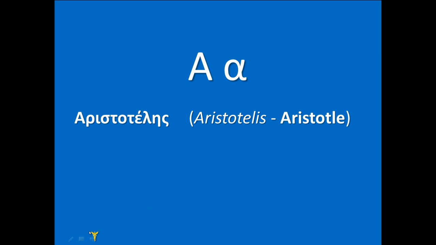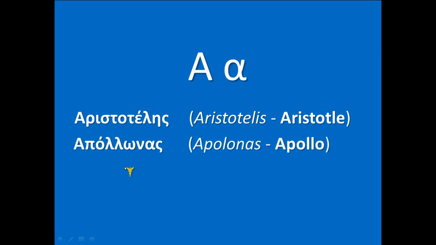Another word is Apollonas. In English, Apollo, the famous god of masculinity and beauty, and of the war, obviously. One of the 12 gods of ancient Greece.